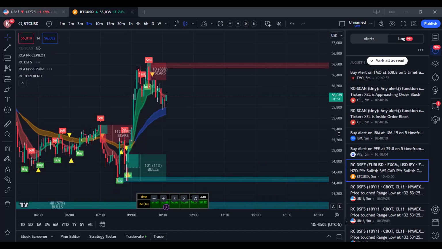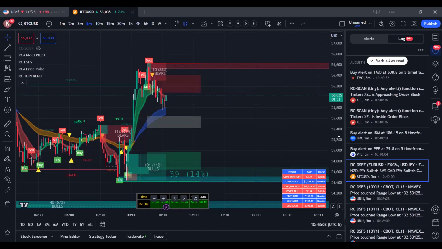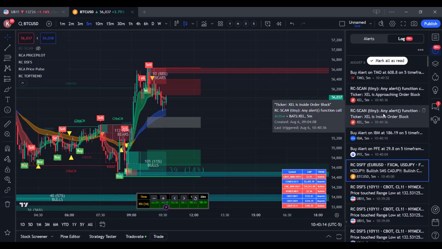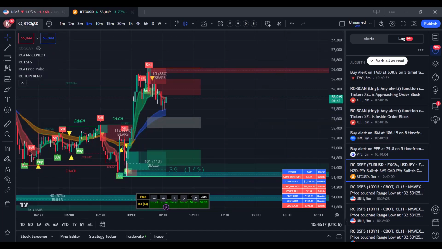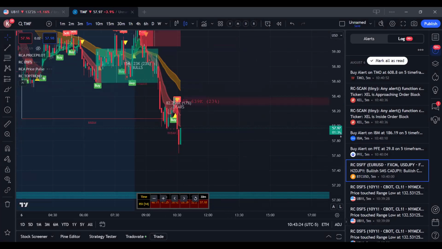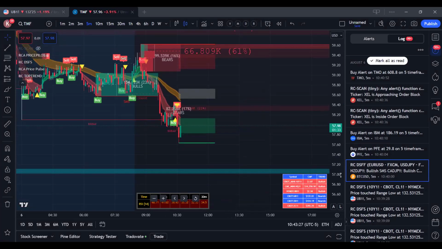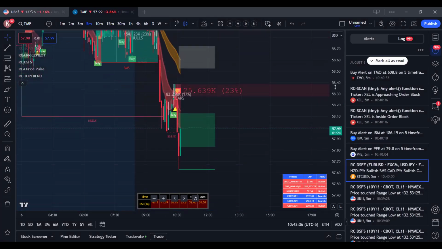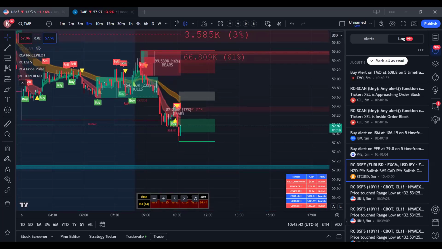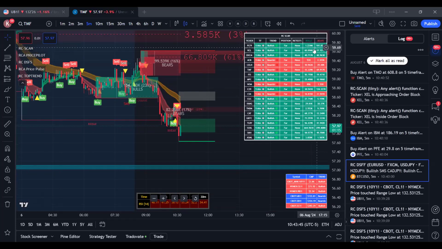New Zealand, JPY. I think new TMF is bouncing back. PLTR is still bullish. RCL.